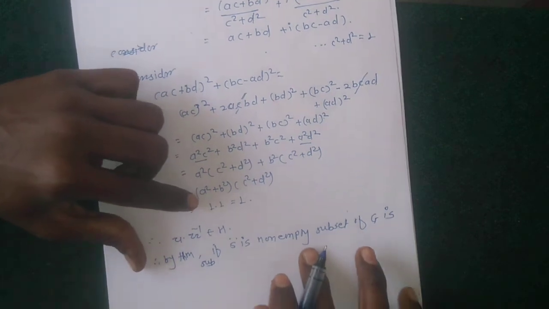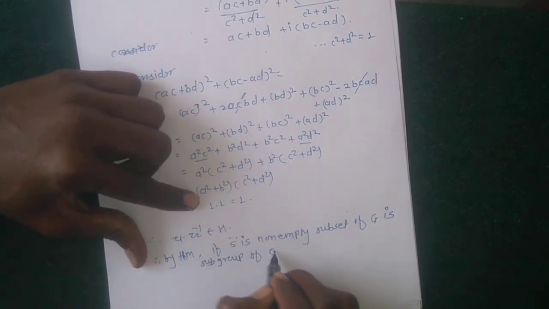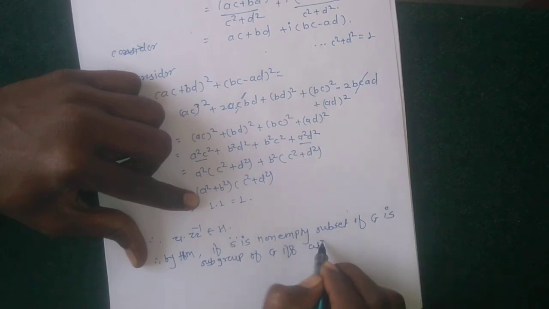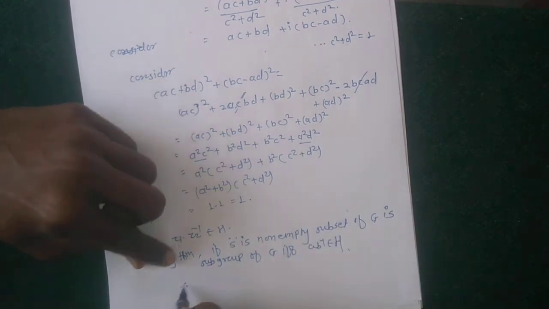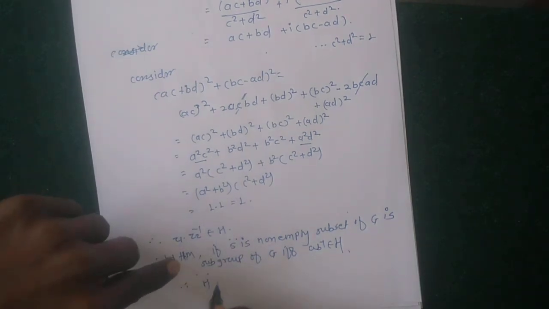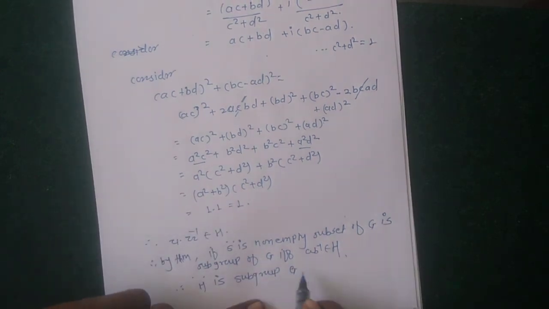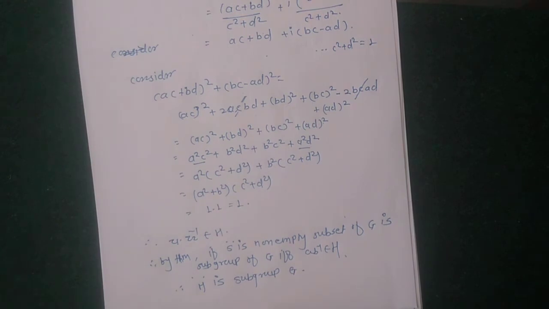If S is a non-empty subset of G, then S is a subgroup of G if and only if AB inverse belongs to H. Therefore Z1 Z2 inverse belongs to H, therefore H is a subgroup of G, meaning a subgroup of non-zero complex numbers.